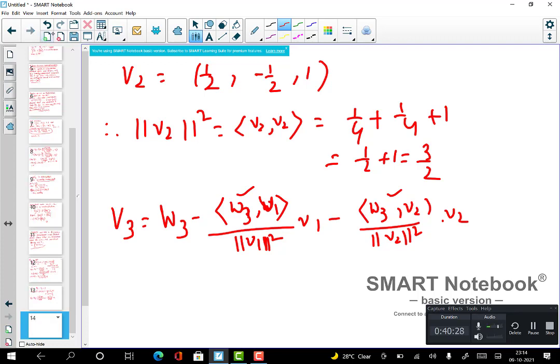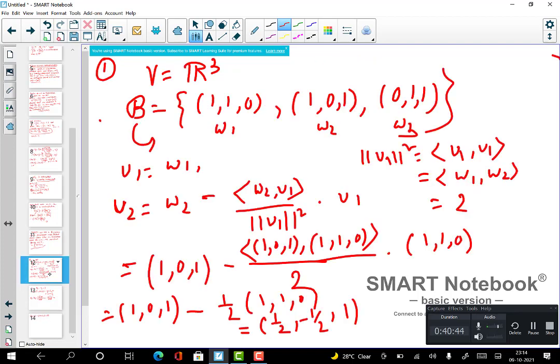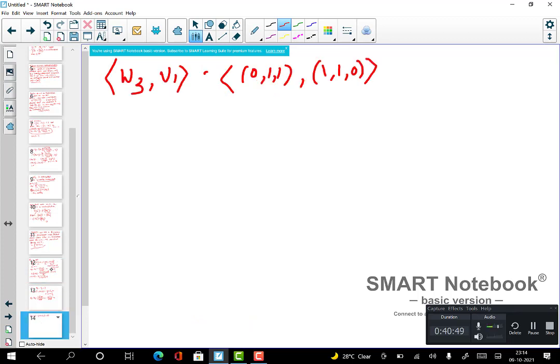So what will be the inner product of W3 with V1? W3 is nothing but 0, 1, 1, and V1 is W1, so it's 1, 1, 0, right? Let me check it again. Yeah, 0, 1, 1 and 1, 1, 0. The inner product will be 0 into 1 is 0, 1 into 1 is 1, 1 into 0 is 0. So the inner product is 1.